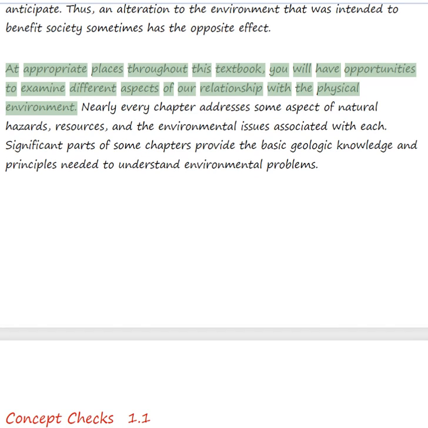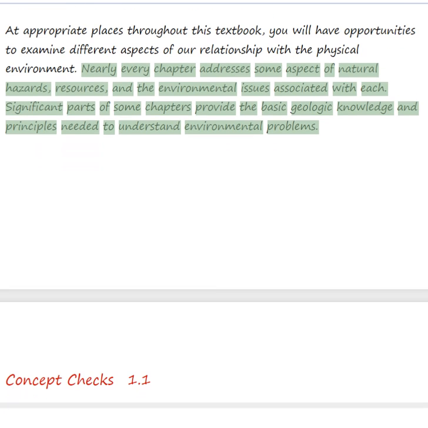At appropriate places throughout this textbook, you will have opportunities to examine different aspects of our relationship with the physical environment. Nearly every chapter addresses some aspect of natural hazards, resources, and the environmental issues associated with each. Significant parts of some chapters provide the basic geologic knowledge and principles needed to understand environmental problems.